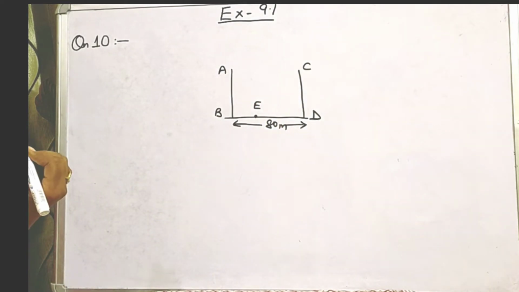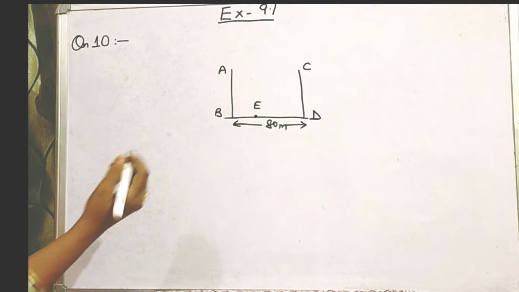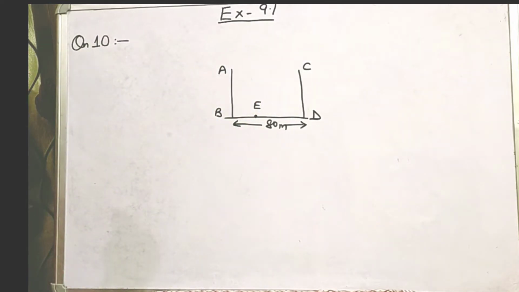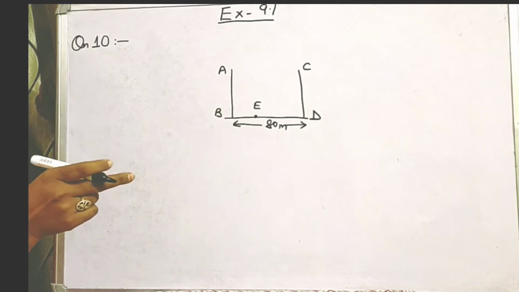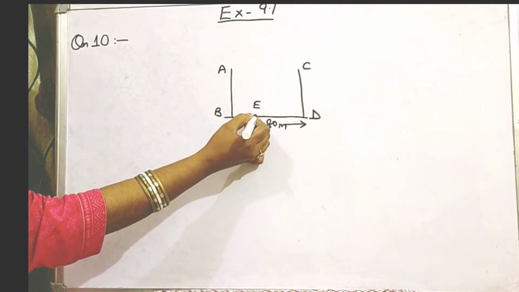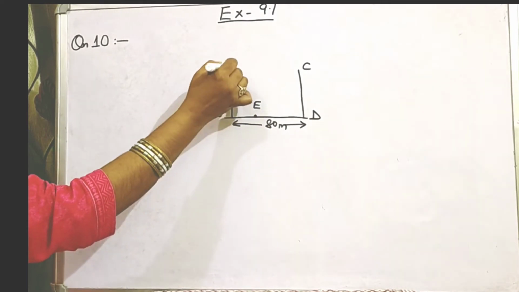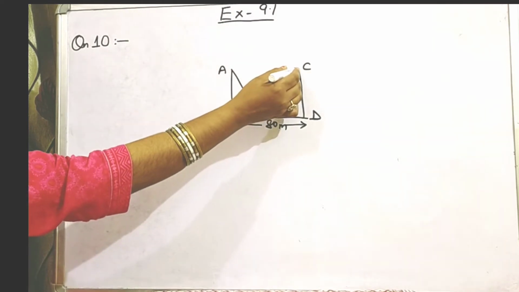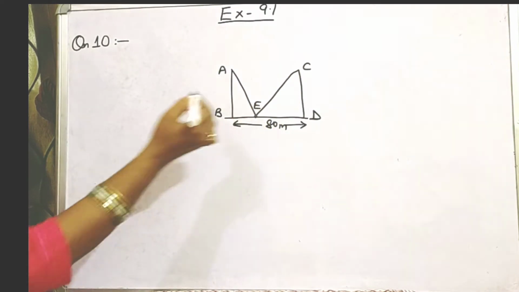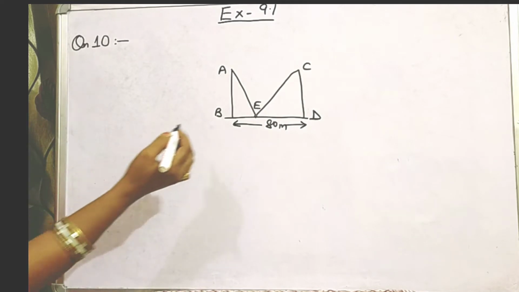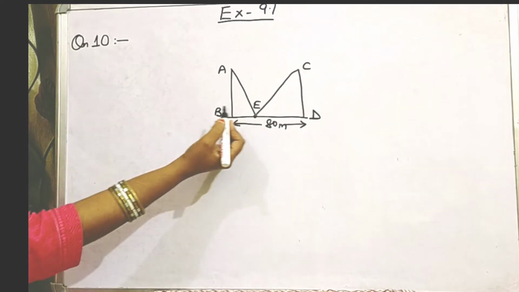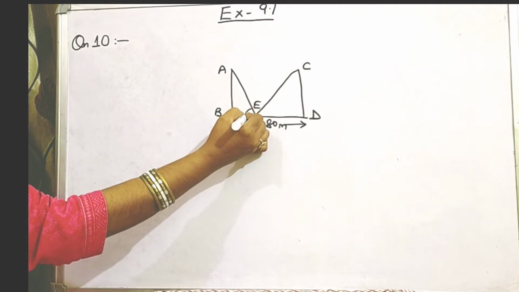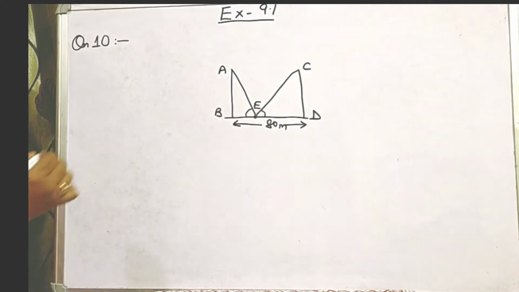And from this point, the angles of elevation of the top of these two poles are 60 degrees and 30 degrees respectively. So from point E, this is the elevation for the first pole and this is the elevation for the second pole. We have to take care that because this point is closer to point B than D, this angle should be greater and this should be smaller.